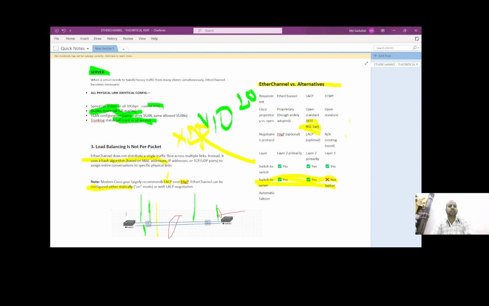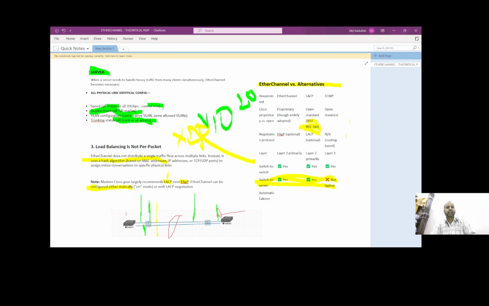Load balancing is not per packet. EtherChannel does not distribute a single traffic flow across multiple links. It will not distribute a single traffic flow to multiple links. Instead, it uses a hash algorithm. ये hash algorithm को यूज करता है. It means ये XOR को यूज करता है.